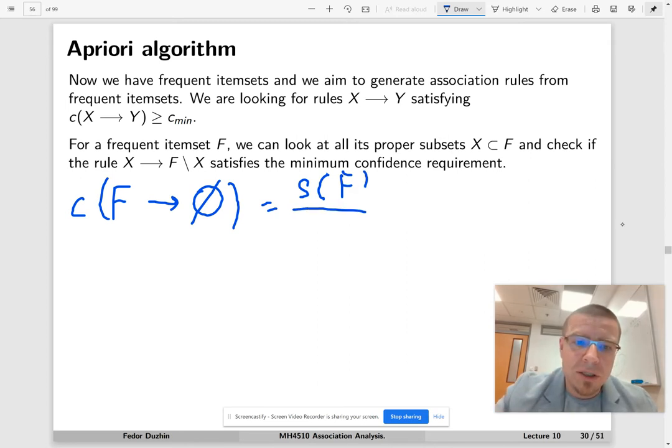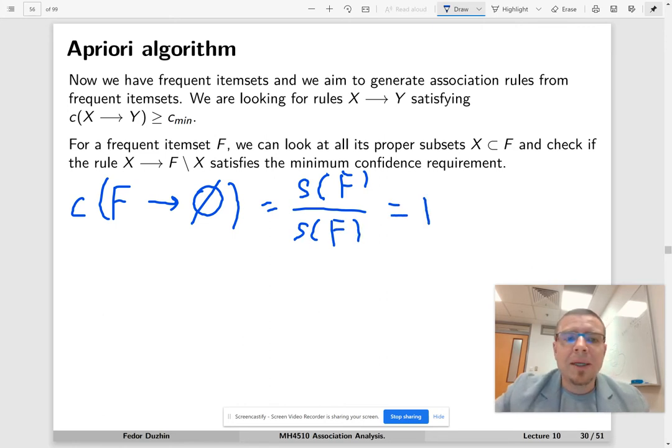The left side is just F, so support of F over support of F, which is 1. It doesn't even make sense to consider rules of this type, because the confidence is always 1, so it is not interesting. That is why we never include rules of the type F implies empty set in our analysis.